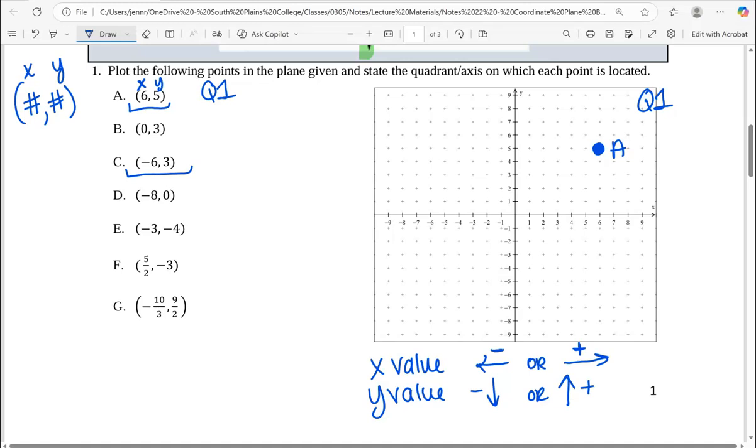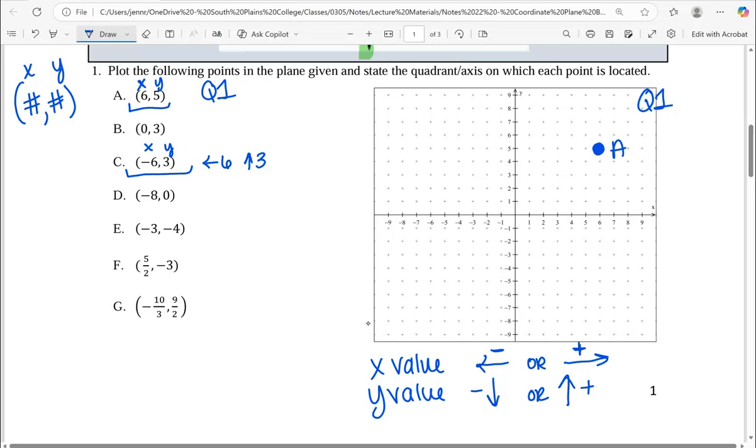Negative 6, 3. Again, negative 6, that's giving me an x direction. So because it's negative, I'm going to move to the left 6 spots. The 3 is giving me a y value. Y's go up and down. So the fact that it's positive is telling me I should go up 3.